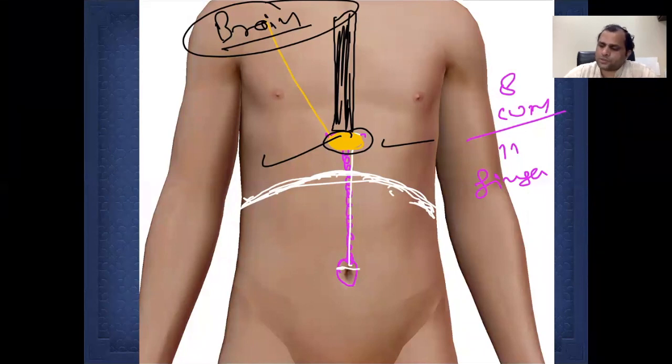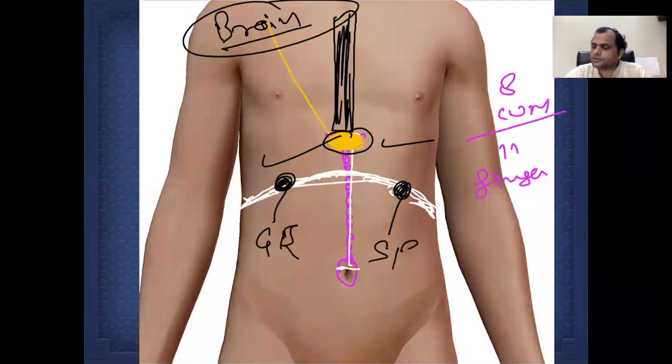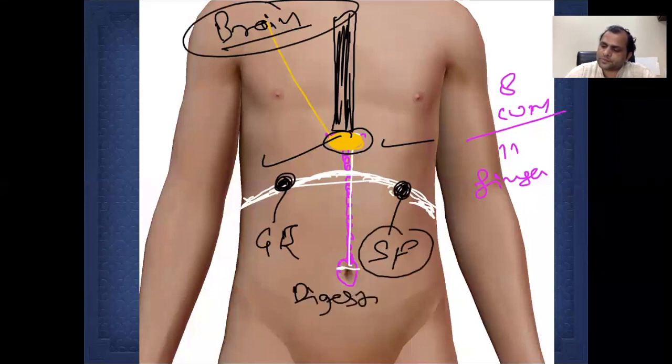So we found this point belongs to the gallbladder, this point belongs to the spleen, and the spleen is connected with the digestion, and the spleen is also connected with the pancreas.